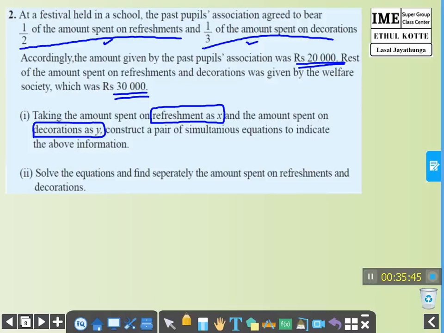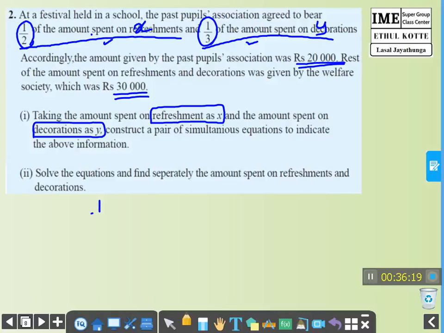Taking the amount spent on the refreshment as x, the total refreshment cost is x, and the decoration cost is y. Construct a pair of simultaneous equations to indicate the above information. Right. Again, look at the past pupils' contribution. They contributed 20,000, which is half of the refreshment. Refreshment means x, so half of x, and 1/3 of decoration.